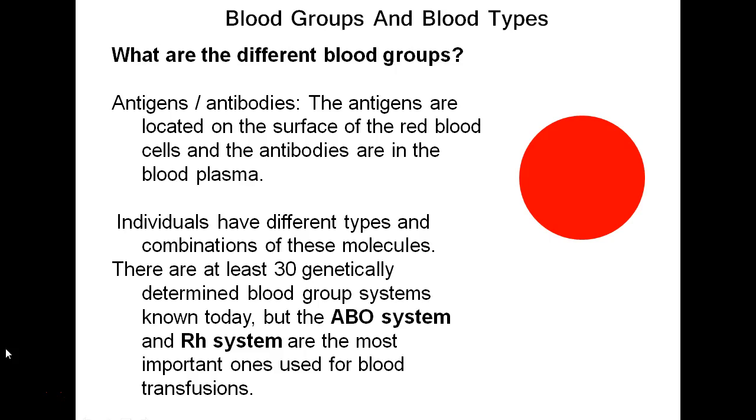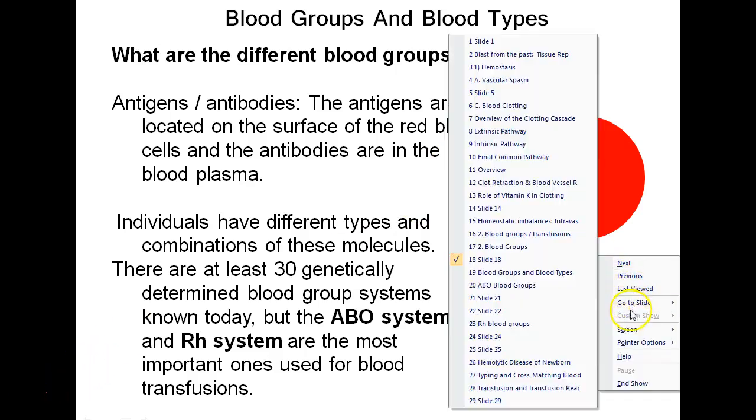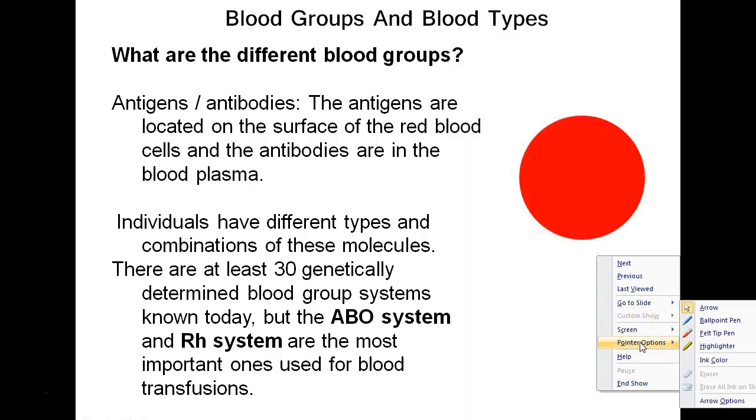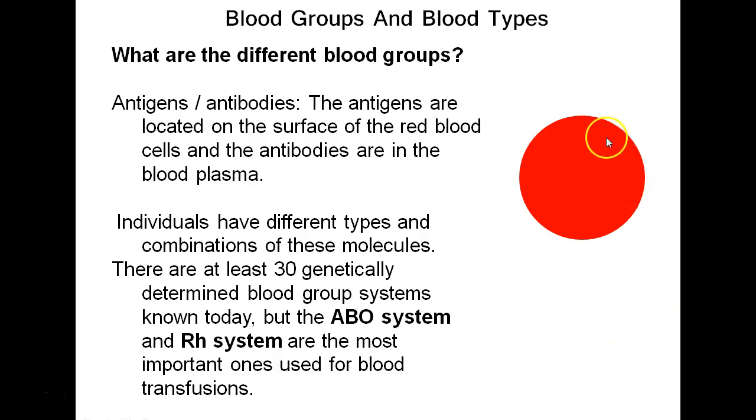We have two terms, antigens and antibodies. Antigens are going to be located on the surface of the red blood cell. So let's say this large red dot on the right represents a red blood cell.